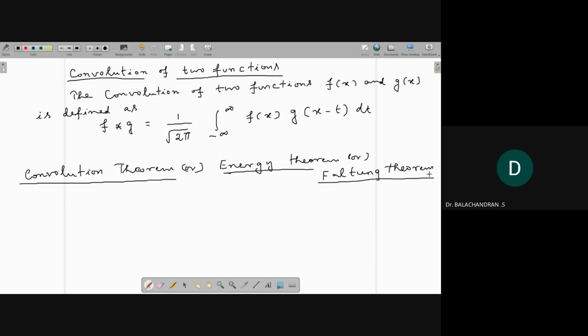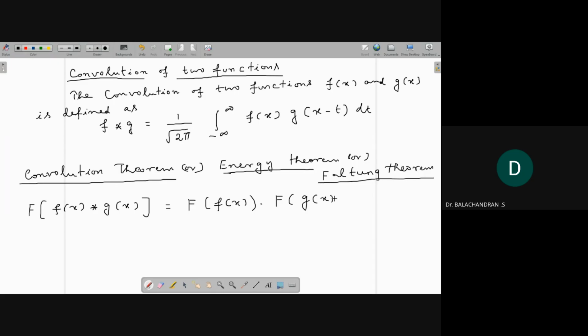Okay. So write down the statement. The Fourier transform of f of x convolution g of x is equal to the Fourier transform of f of x into the Fourier transform of g of x.